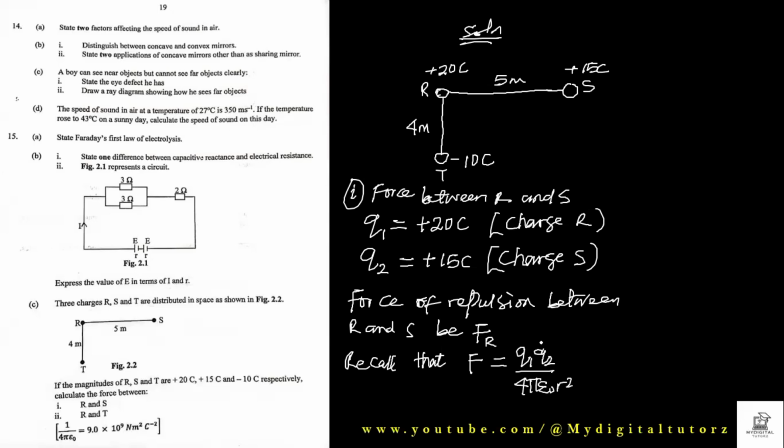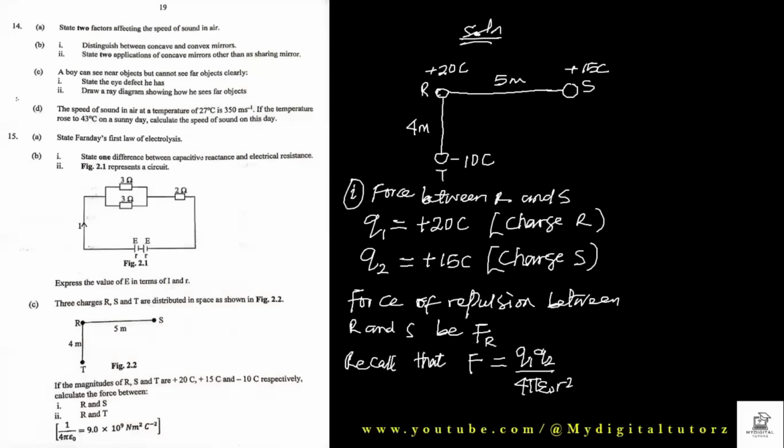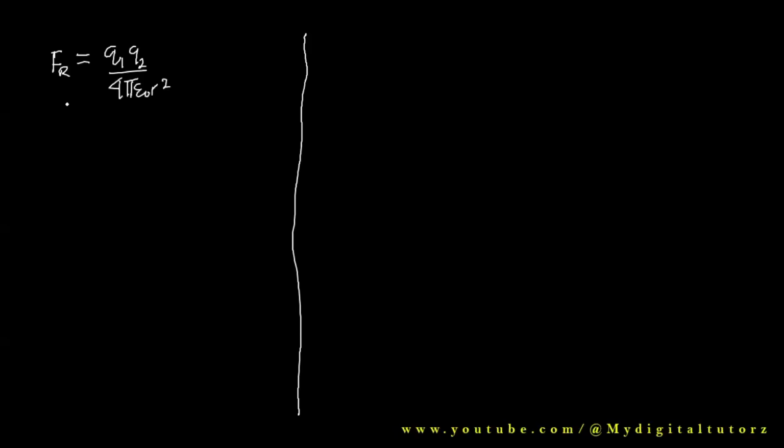So you agree with me that in that case, FR, the force of repulsion, will be equal to Q1, Q2 all over 4 pi E naught R squared. The distance between R and S is 5 meters. So our R is equal to 5 meters.